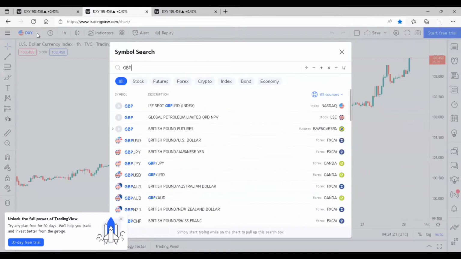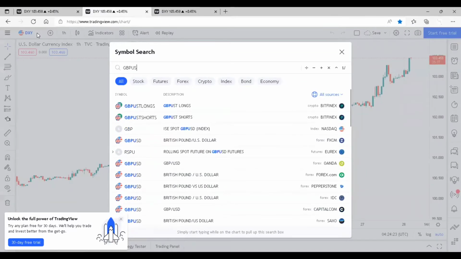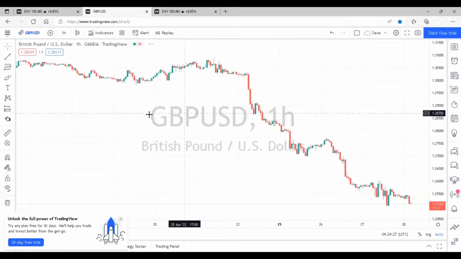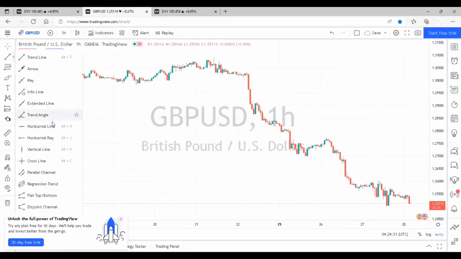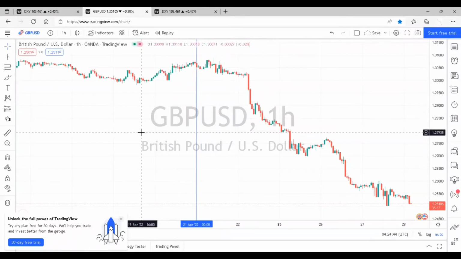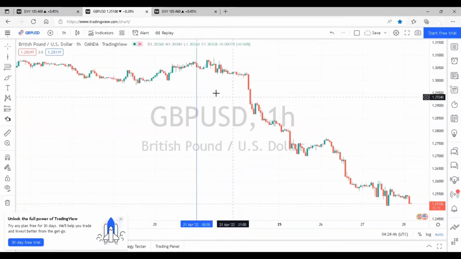Hold on. As you're seeing on GBP/USD, the 24th of April, 0100 hour, and then the 2200 hour, you're going to see the response there.